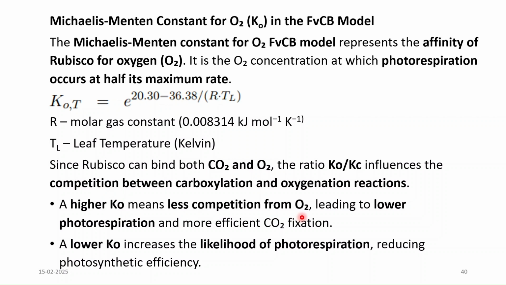That is, there are higher chances for carboxylation to occur, so photorespiration will be lower and carbon dioxide fixation will be better. Lower K naught means Rubisco has a higher affinity for oxygen, so photorespiration is the process that is going to compete with carboxylation and is more probable to happen. So this is how we can obtain the Michaelis-Menten constants and analyze the results of photosynthesis based on them.